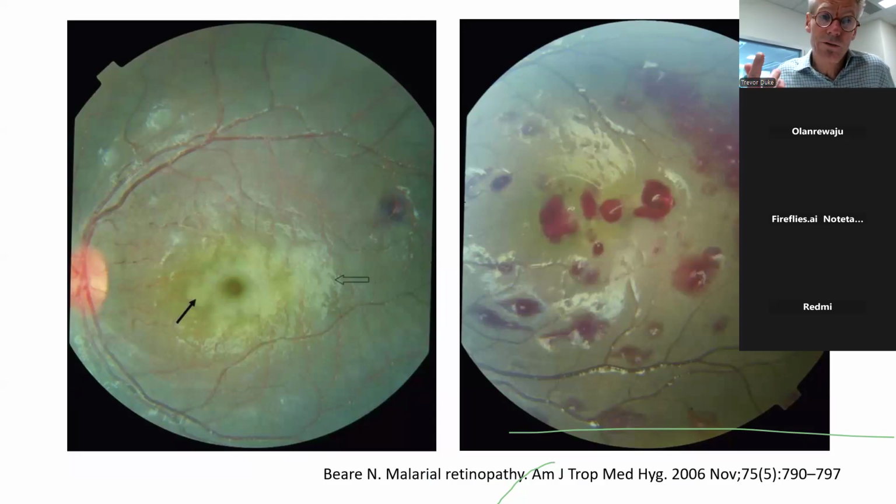Of course, many children have malaria parasitemia. They don't have cerebral malaria, but they'll have a high fever and they'll have a febrile convulsion related to their malaria. It doesn't mean they've got cerebral malaria. But if you see these changes, you typically see whiter areas on the fundus.